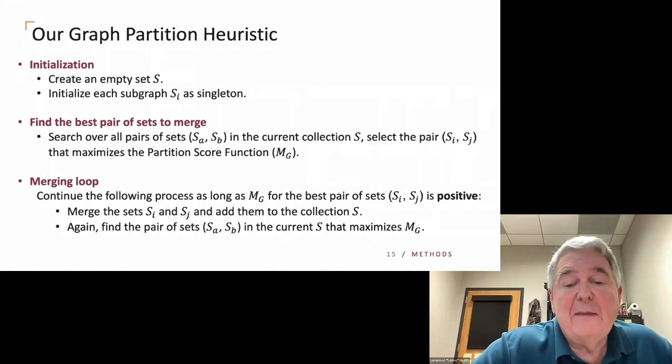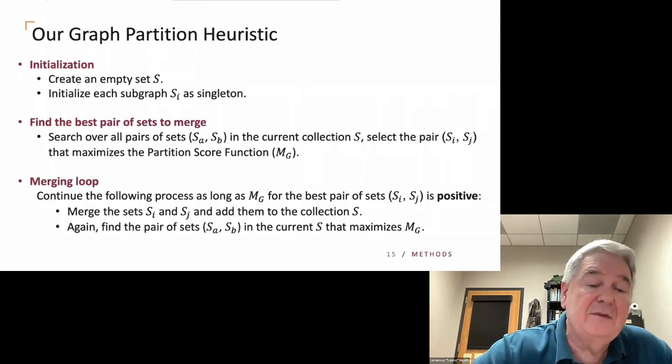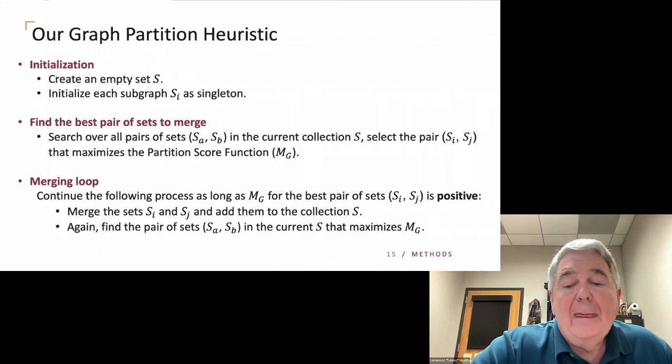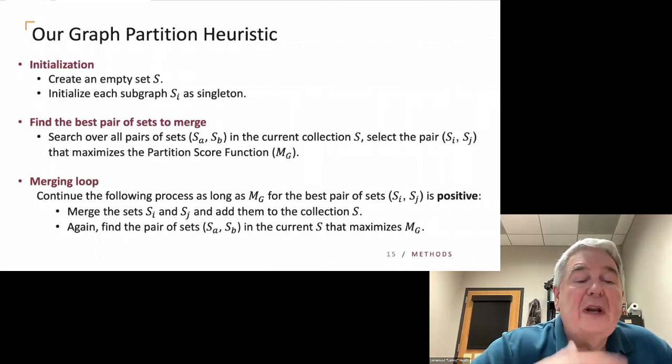As long as that maximum is positive, we are able to merge the two sets and add them back to the collection, and of course take Si and Sj away from the collection and iterate the process.